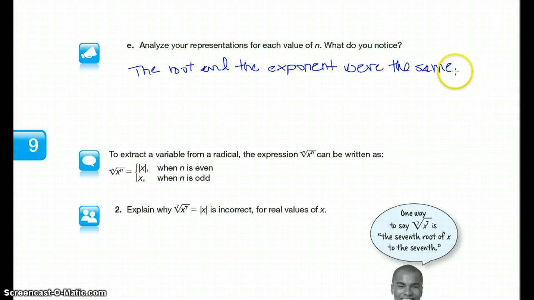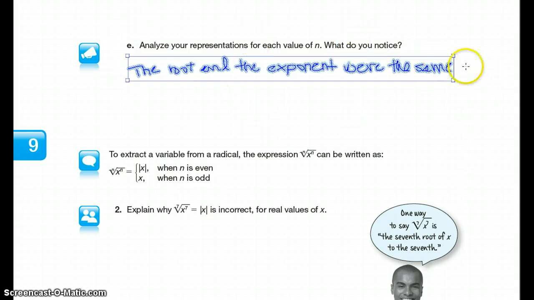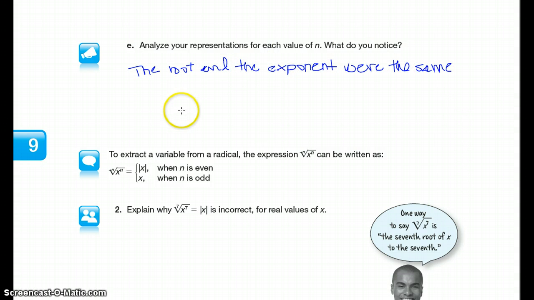What else did I notice? Besides that, I noticed that when you had even roots, what do we see? When the root was even, what happened?